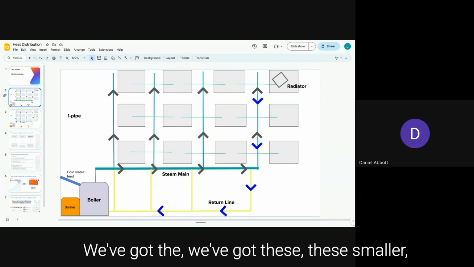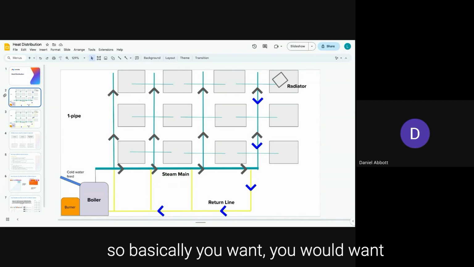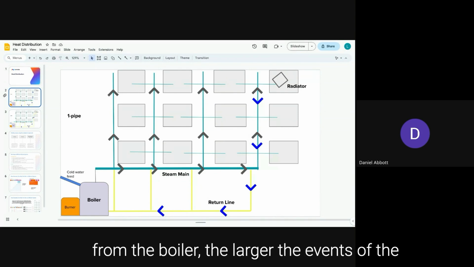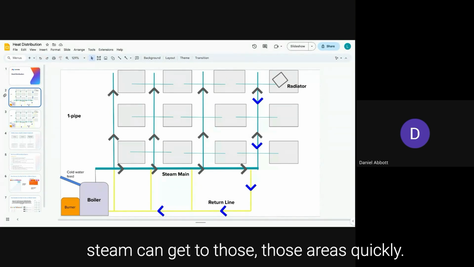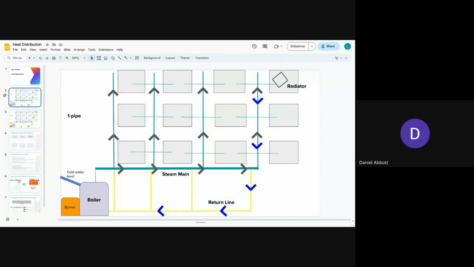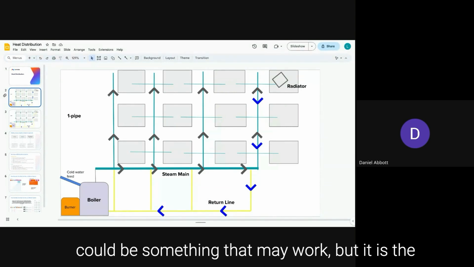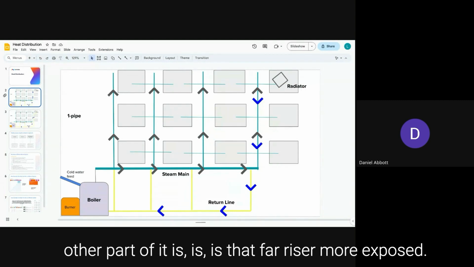So basically, you would want smaller vents close to the boiler, and the further away from the boiler, the larger the vents, so the steam can get right to those areas quickly. A tweaking of the vent sizes could be something that may work, but the other part is, is that far riser more exposed?